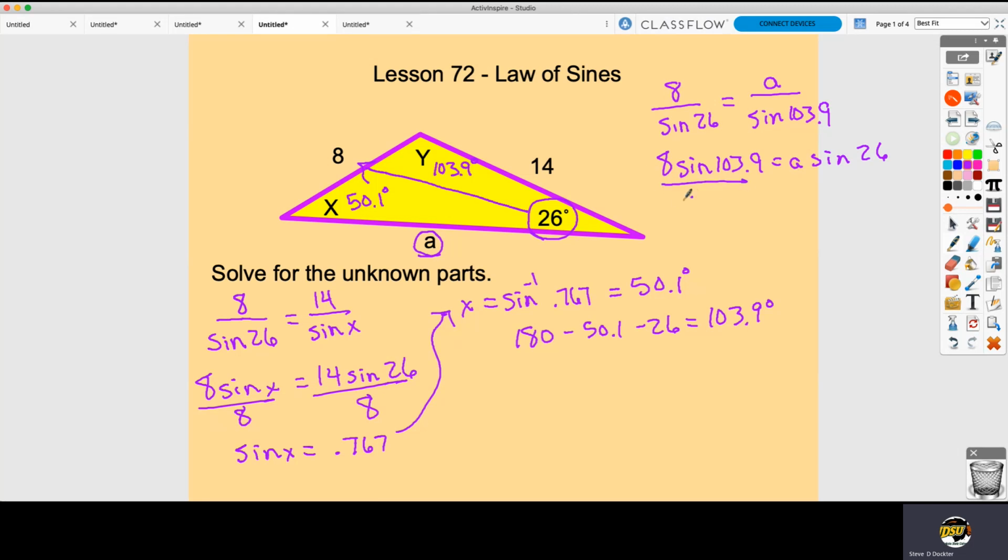So we are going to divide by sine of 26 here. And this time that will give us our answer for a, which ends up being 17.7.